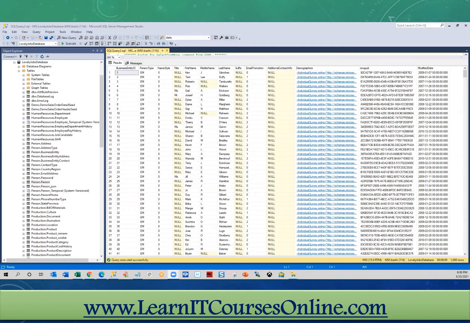SQL is divided into two segments, DDL and DML. DDL is data definition language. So in the database, there's a variety of objects. One of those objects is a table where we store our data. So in the DDL part of SQL, we can create an object.